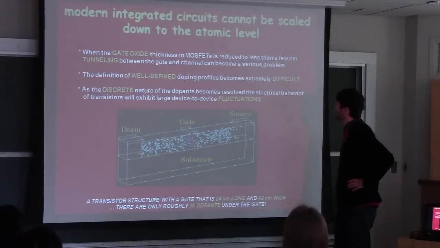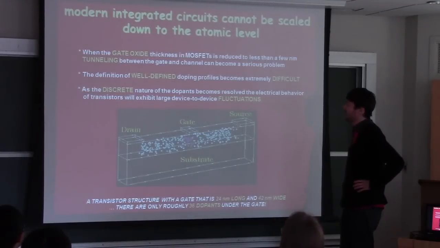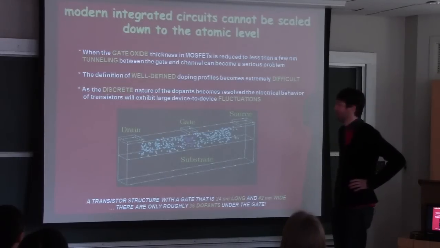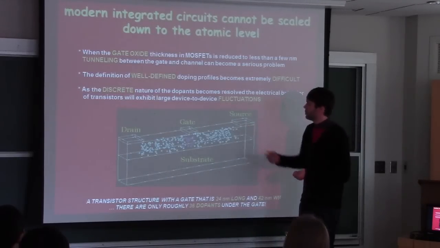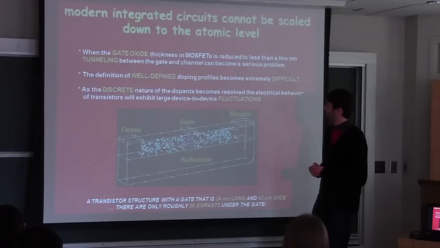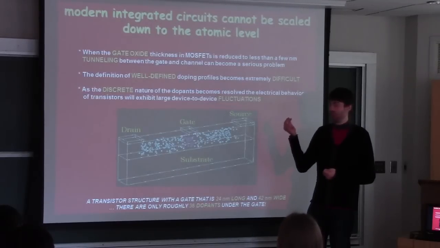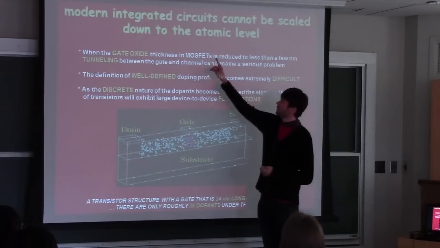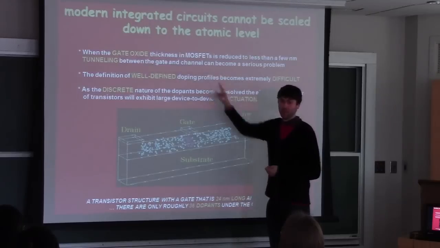So here is a specific example which also shows some of the challenges for going further with CMOS. This is a computer simulation of a single MOSFET transistor, metal oxide semiconductor field effect transistor.